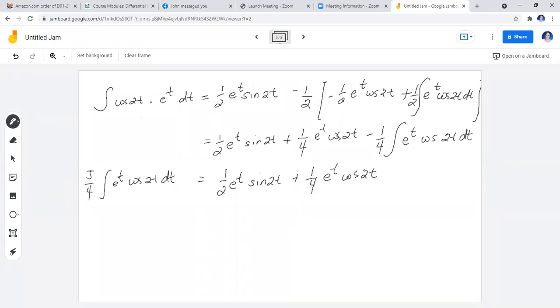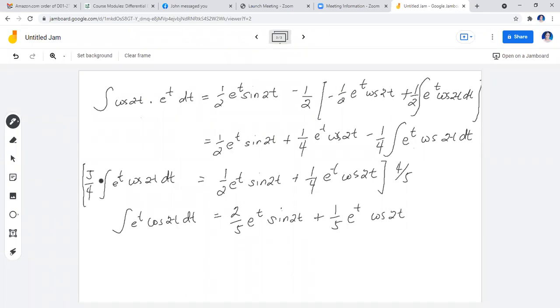So then I can have the integral of e raised to t cosine of 2t dt being equal to, after multiplying this entire equation by 4/5, 4 divided by 2, so that would be 2. So 2/5 e raised to t sine of 2t. And this will cancel each other, so that would be plus 1/5 e raised to t cosine of 2t. Do you follow, class?